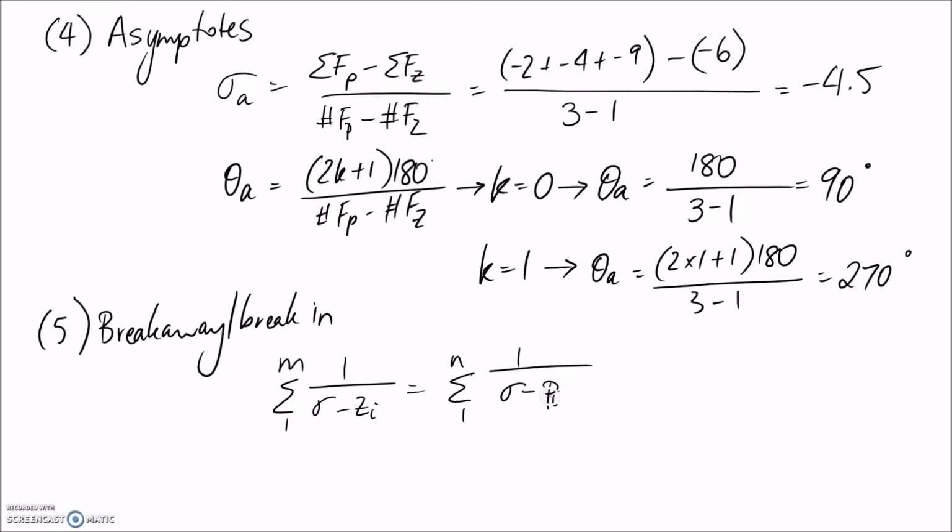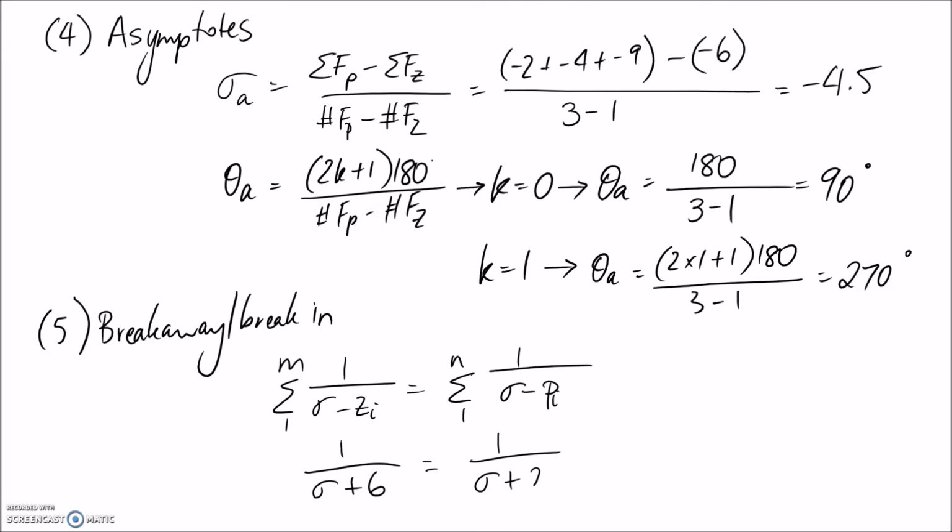So Zi and Pi, they're our finite zeros and pole positions that we can get from our open loop transfer function. So putting this in, we had a 0 at -6. So this is going to end up being a double negative, so it becomes +6. And then we have 3 poles that we need to put in here.